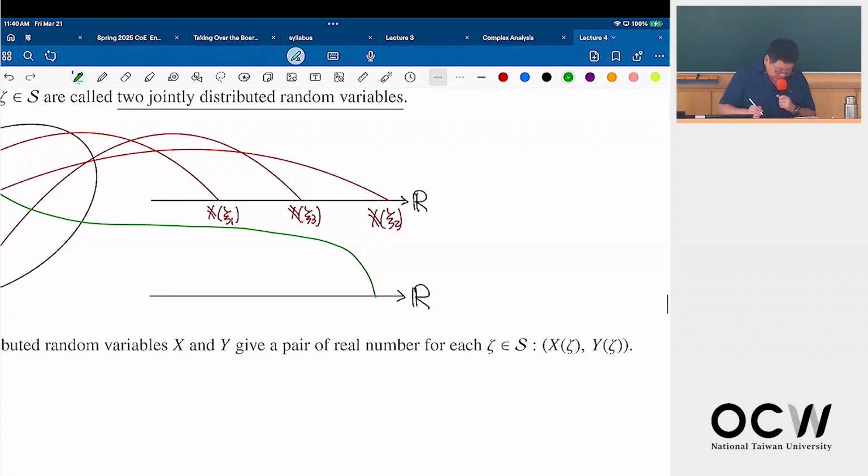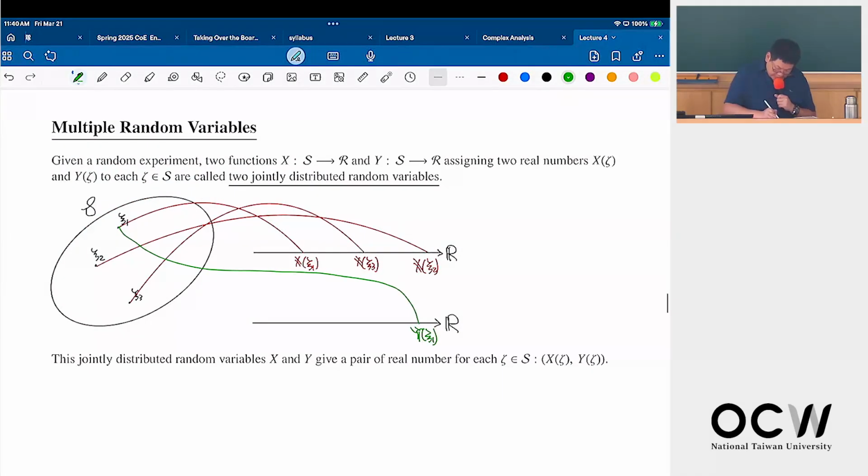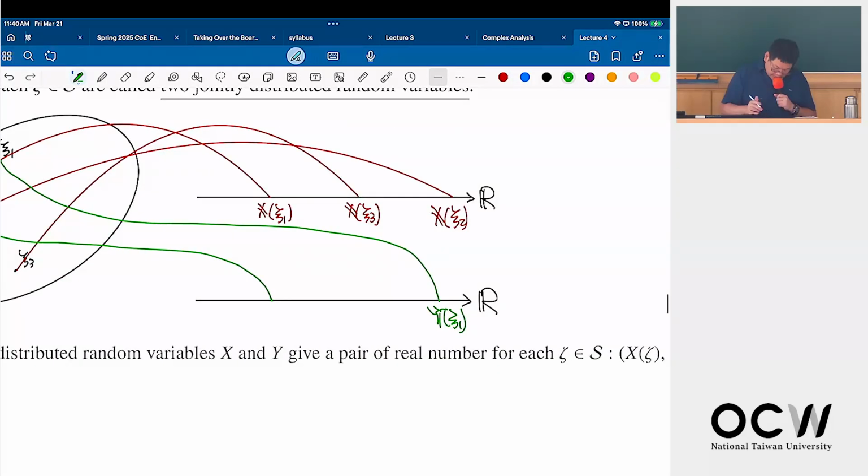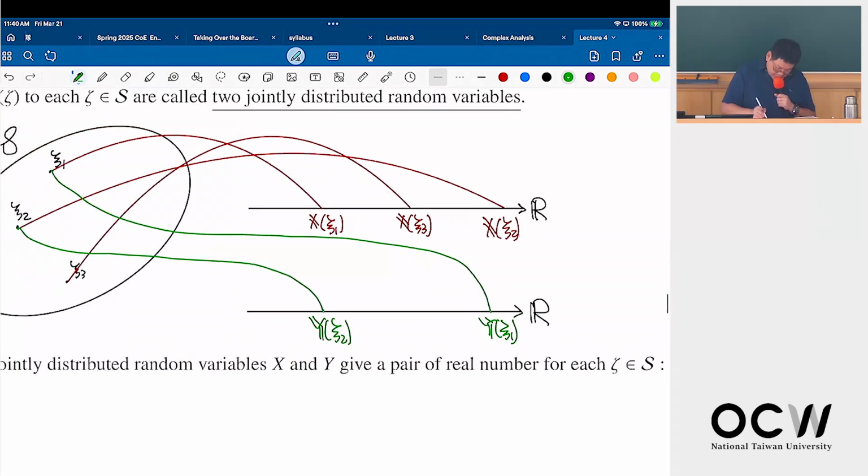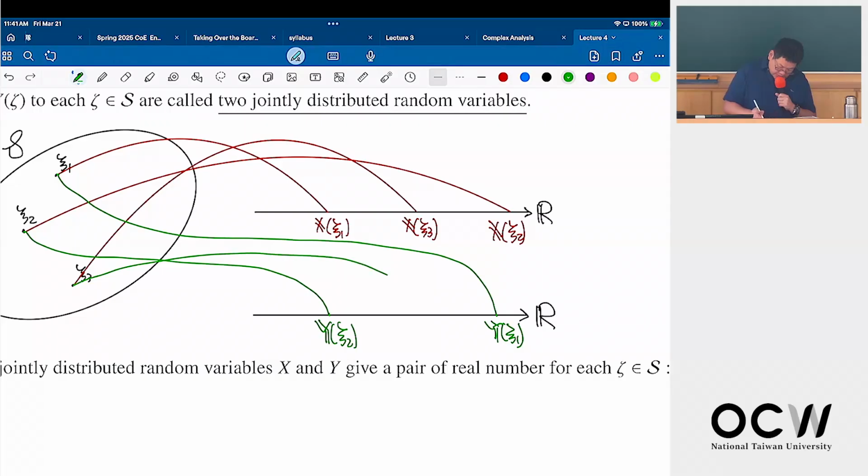Here I have y of zeta 1, and here is y of zeta 2, and the last one, y of zeta 3.